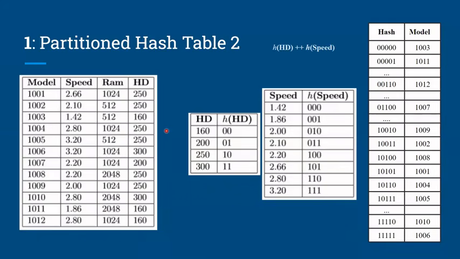Then we've got a few more rows where there is a hash value, but the model would correspond to an empty entry, as it's not pointing to anything at this point, and so on till we reach the 1111. Hence, we do have now our complete data structure, a partitioned hash table.